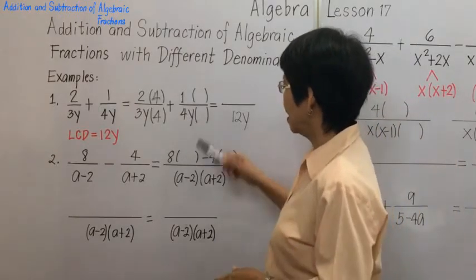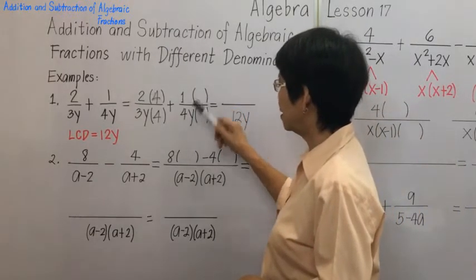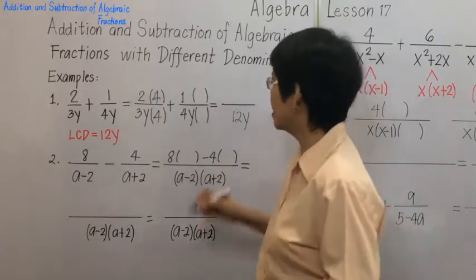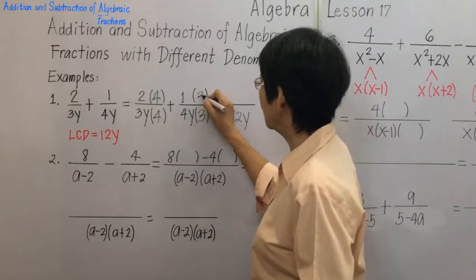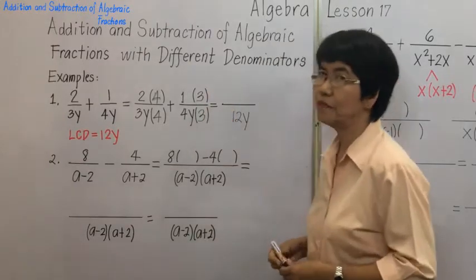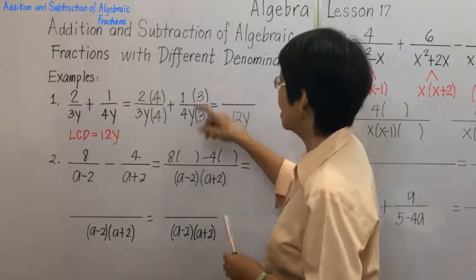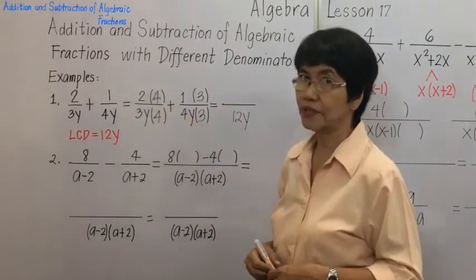And here, the missing factor is 12y divided by 4y, which is equal to 3. So we simply multiply 1 times 3, and this becomes 3, and 2 times 4, that becomes 8.